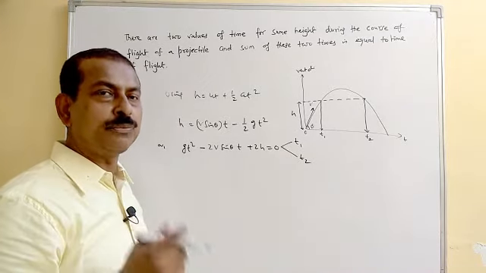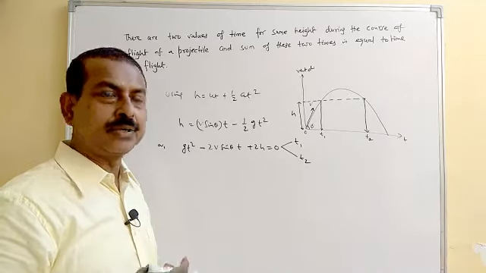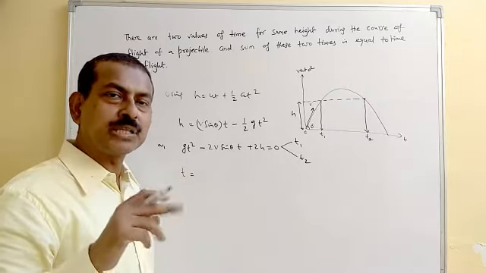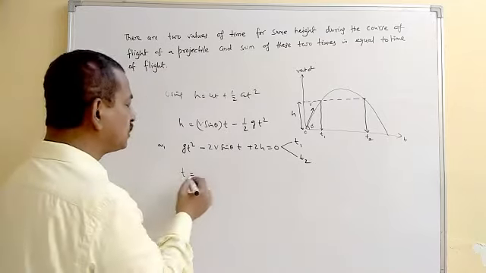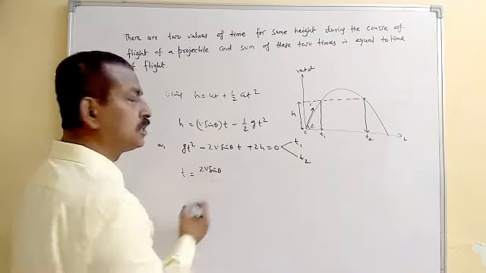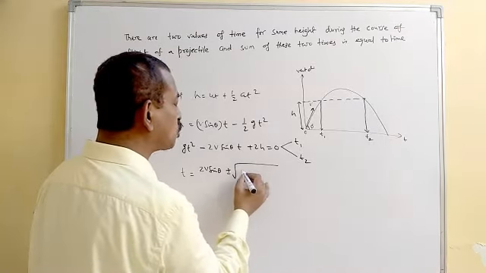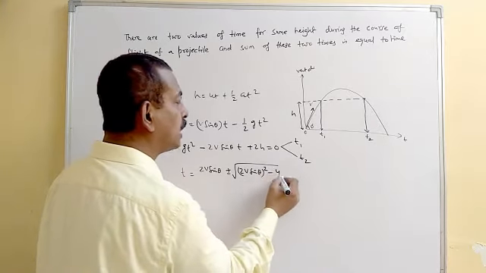So how will you get the solution of that? t will be equal to minus b plus minus square root of b square minus 4ac, by 2a. So there, t is minus b, so it is 2v sine theta, plus minus square root of 2v sine theta whole square minus 4ac.